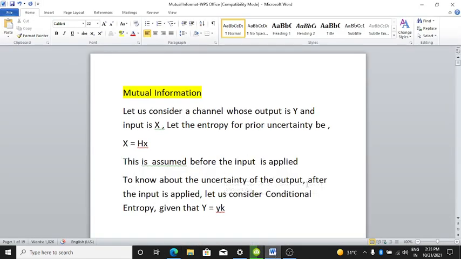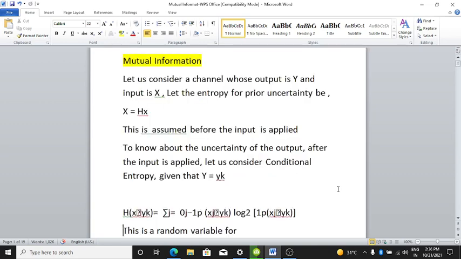Mutual information. Let us consider a channel whose output is y and input is x. Let the entropy for prior uncertainty be H of x. This is assumed before the input is applied. To know about the uncertainty of the output after the input is applied, let us consider the conditional entropy given that y is equal to yk.